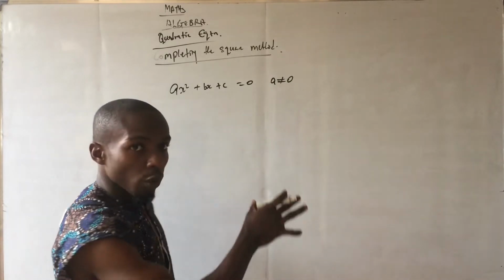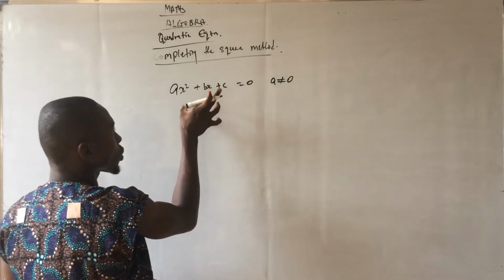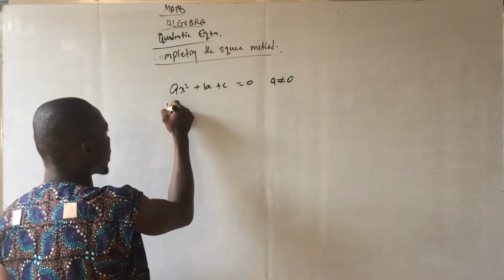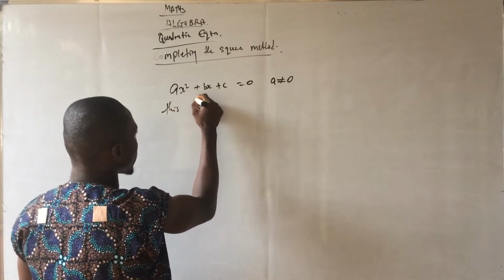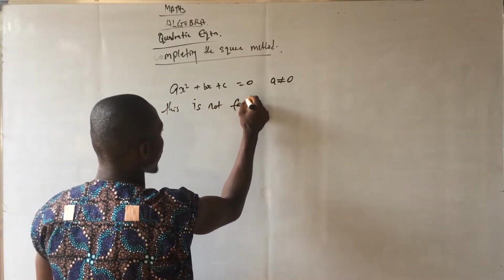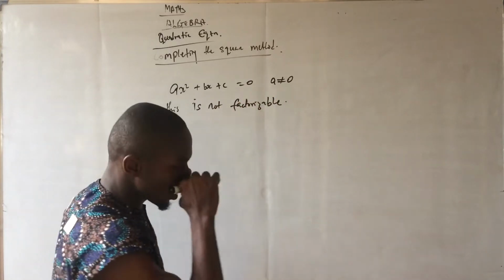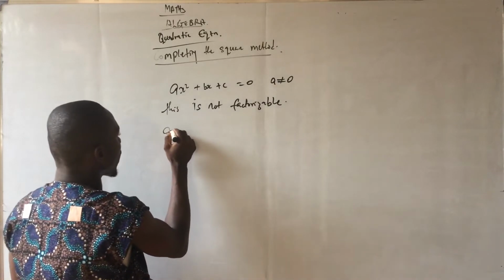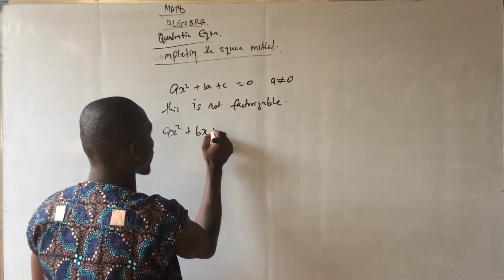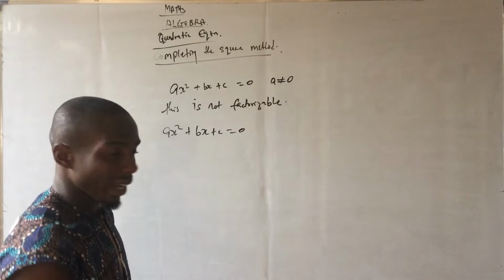So when you want to solve this equation, and you say this is not factorizable, we use the completing the square method. ax raised to the power 2 plus bx plus c equal to 0. What are you going to do?